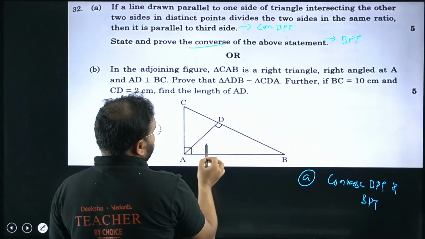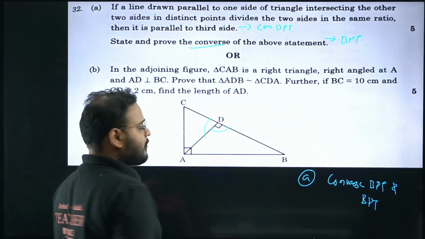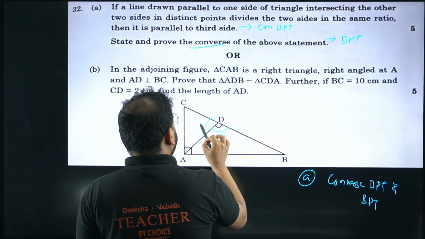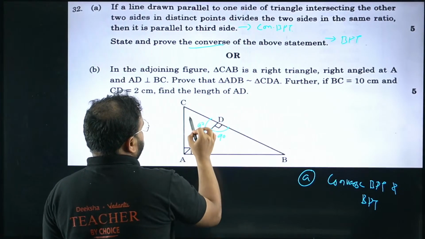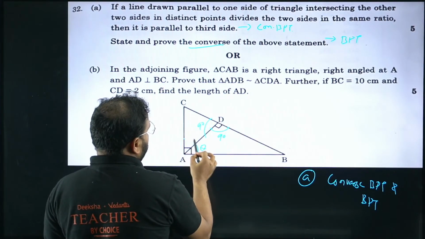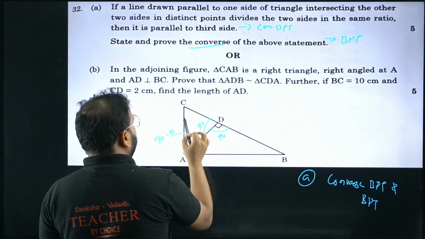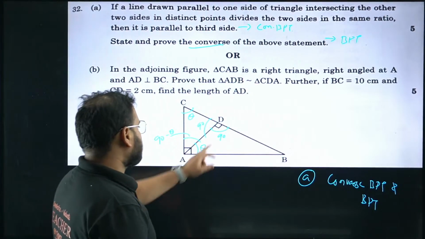So CDA, basically this angle here equals to this angle. Alright, both are 90 degree, 90 degree. That's the reason of similarity. Otherwise, this angle is going to be theta. Please check. If I take this as theta, this will become 90 minus theta. And it will become, again, theta only, na? How come, sir? Because this also is 90, no?